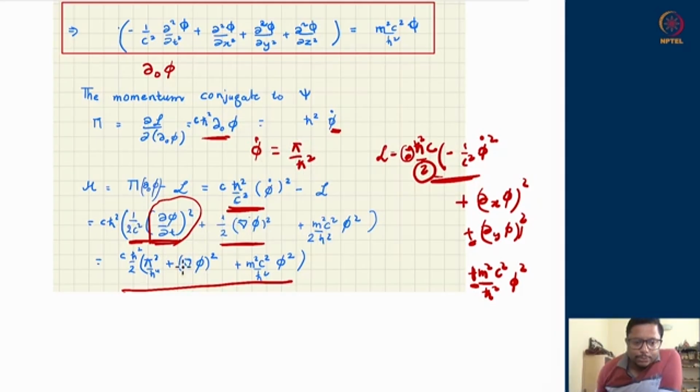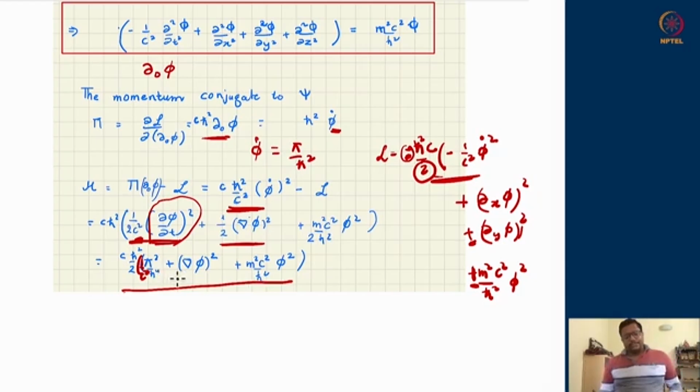So pi square upon h4, and there was a c square which I have probably missed out, which is this c square. Okay, so this is your Hamiltonian. You can see the Hamiltonian is made up of only squared quantities. This is pi square upon c square h4. This is the Laplacian of phi square, and then m square c square phi square h square.